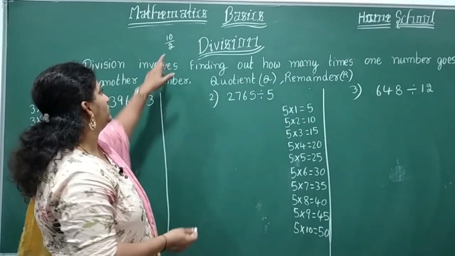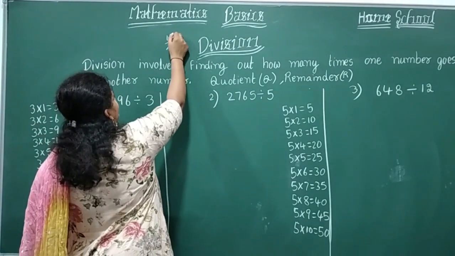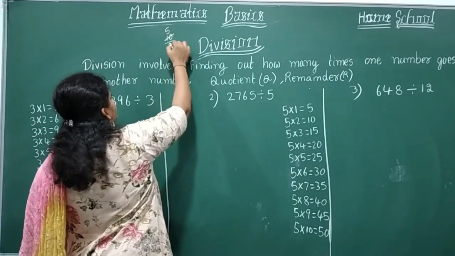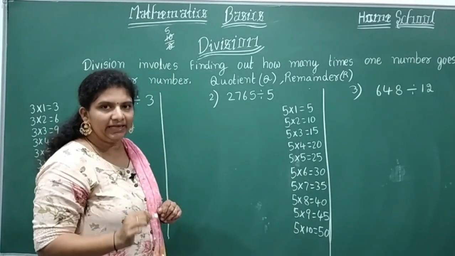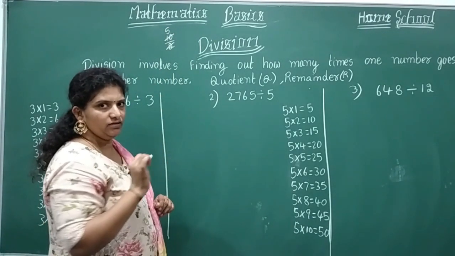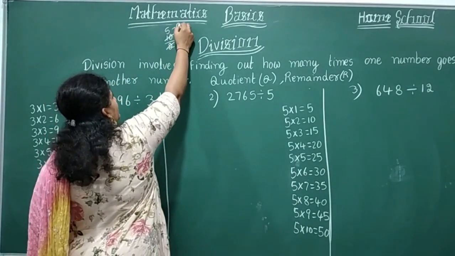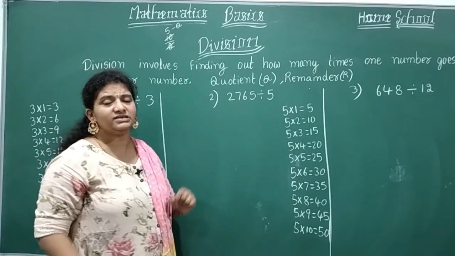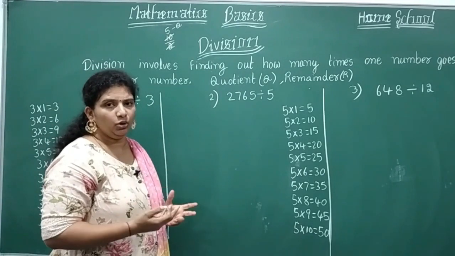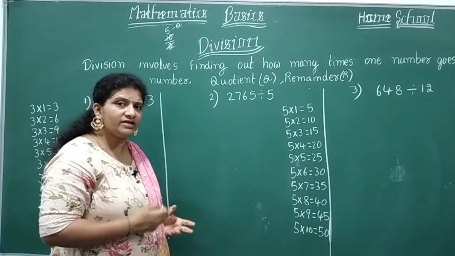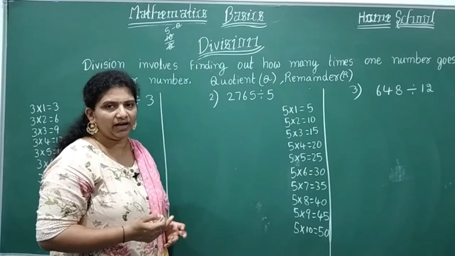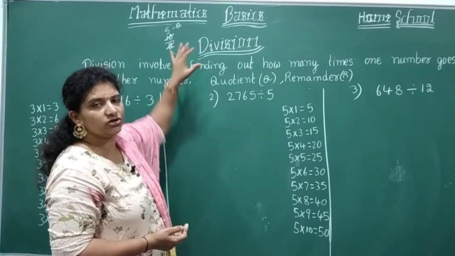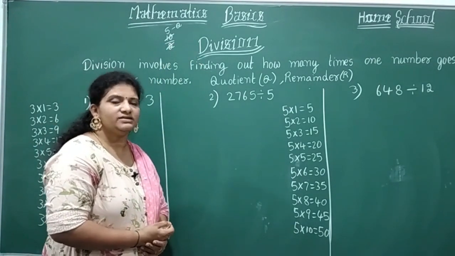In the 2 table, 2 fives are 10. We call this the quotient. What is a remainder? Is there any number remaining? No, nothing remains. If something remains, that is called a remainder. Here there is nothing, so your remainder value will be 0.